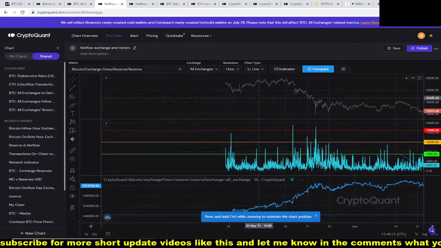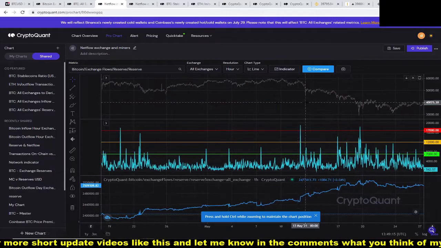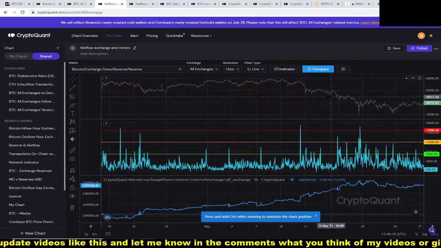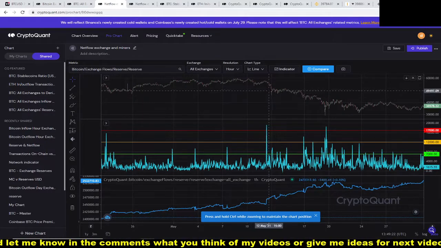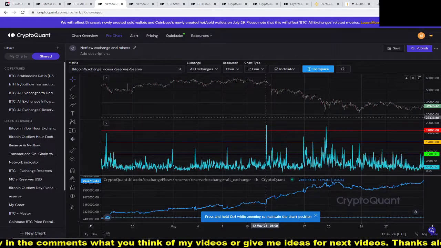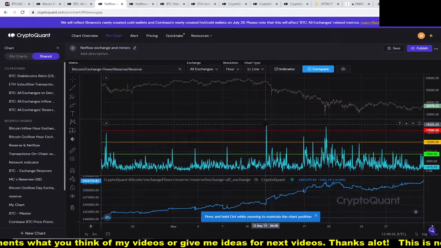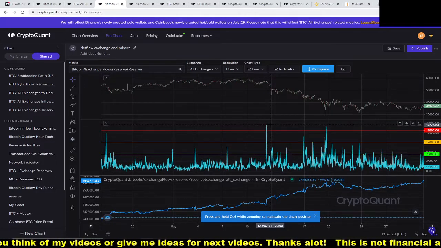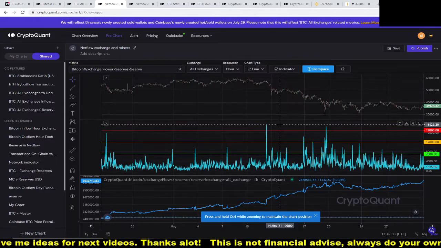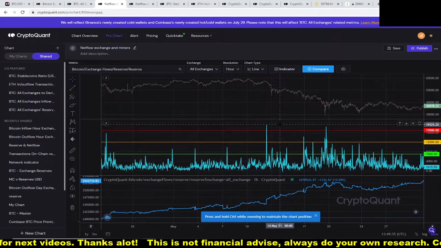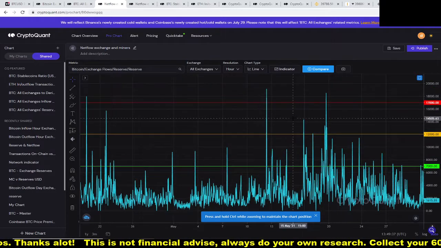So let me tell you guys. Bitcoin went all the way up to 65,000, and look what made me sell at 56,000 right here. It was this spike. The spike was an inflow of 20,000 Bitcoin, and it was crazy to see, but I just felt that this thing is going to sell off.